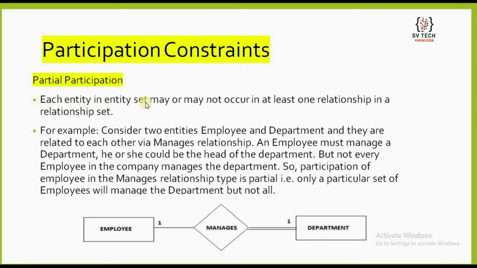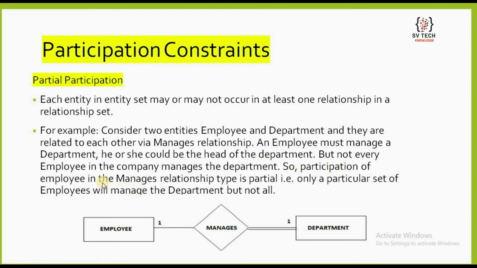Next one, partial participation. Each entity in the entity set may or may not occur in at least one relationship in a relationship set. For example, consider two entities, employee and department, related to each other via a manages relationship. An employee could be the head of the department, but not every employee in the company manages a department.